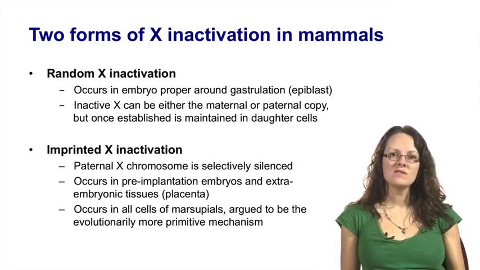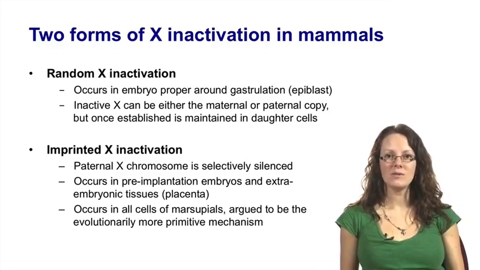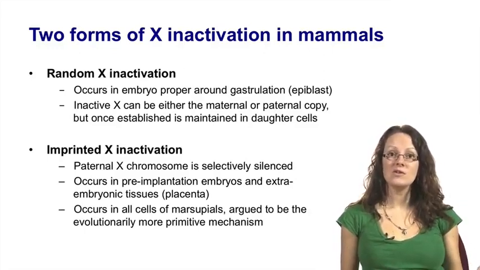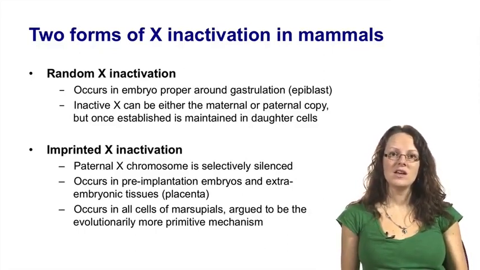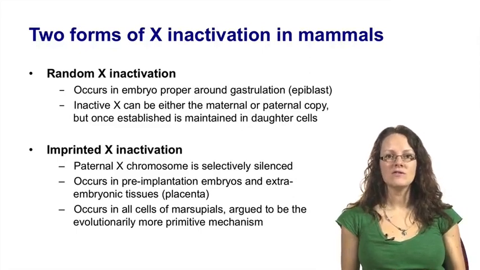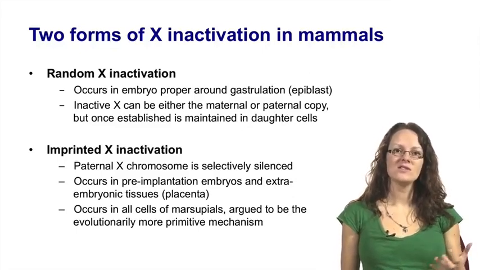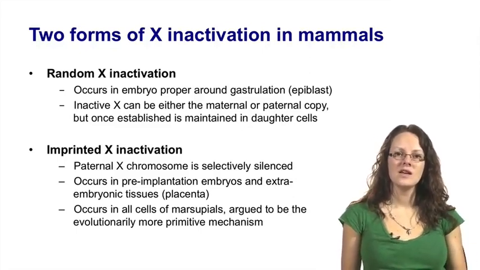And because of this difference between having it occasionally in mice and having it all the time in marsupials and very rarely or never in adult female humans, it's argued that maybe this imprinted form of X inactivation, the case where the choice is removed and it's no longer random, is perhaps an archaic mechanism.